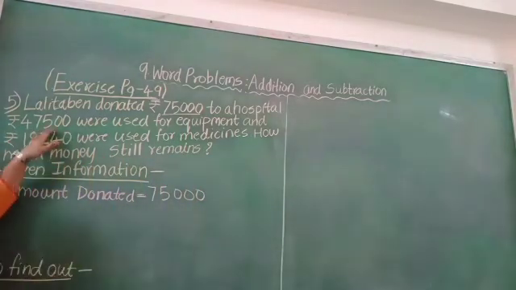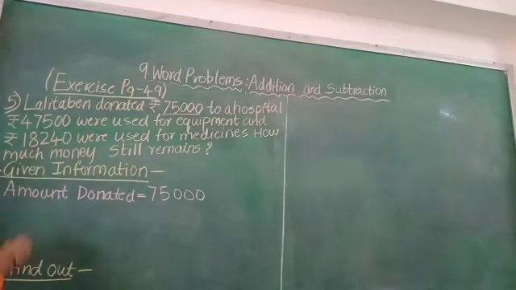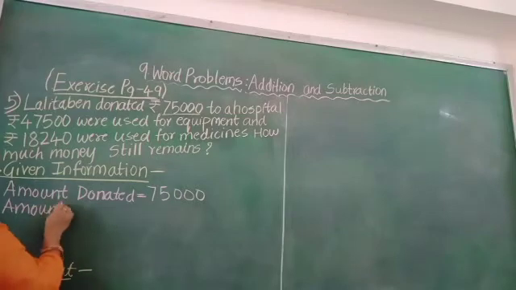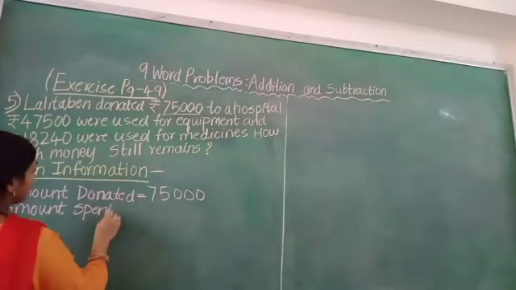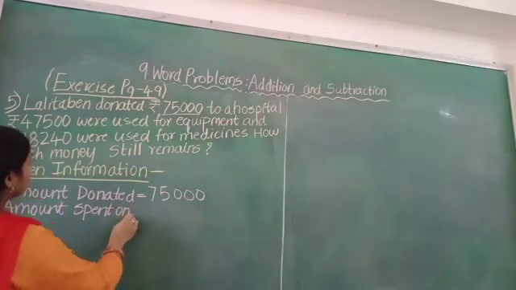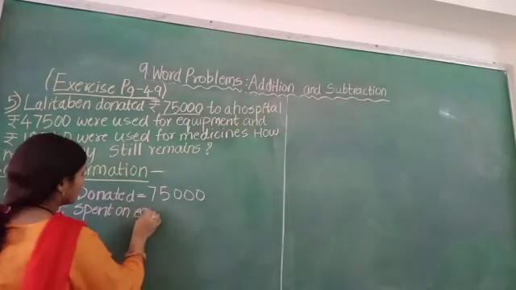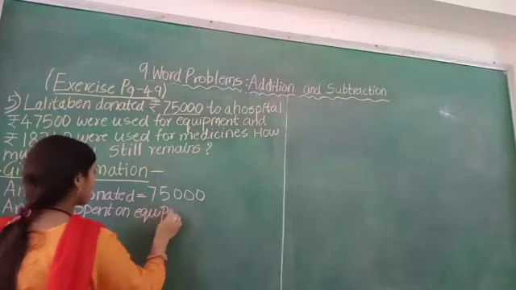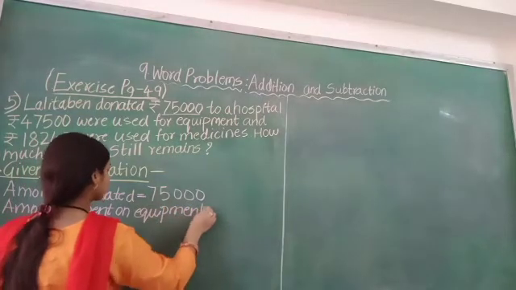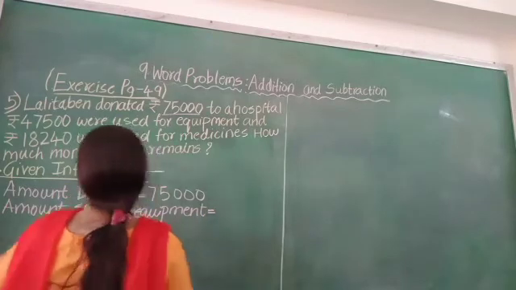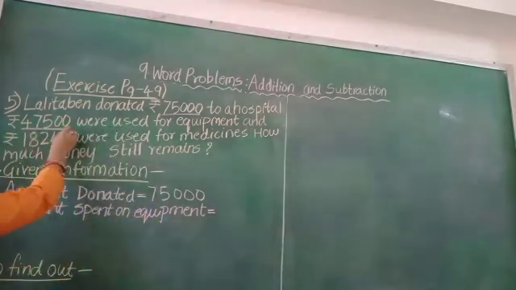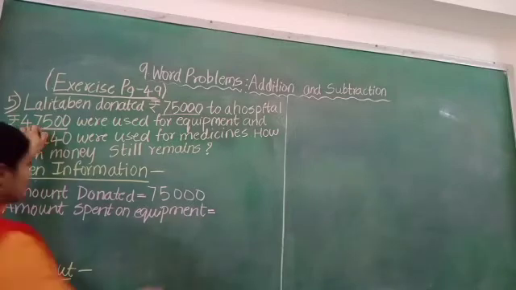Then amount spent on equipment is equal to how much? How much amount was spent on equipment? 47,500.